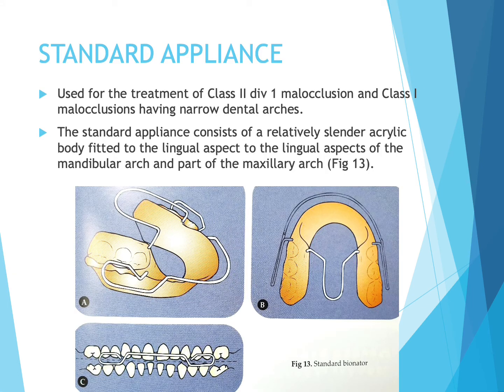This figure shows the standard appliance. The standard appliance is used for the treatment of class 2 division 1 and class 1 malocclusion having narrow dental arches. It consists of a relatively slender acrylic body fitted to the lingual aspect of the mandibular arch and part of the maxillary arch.